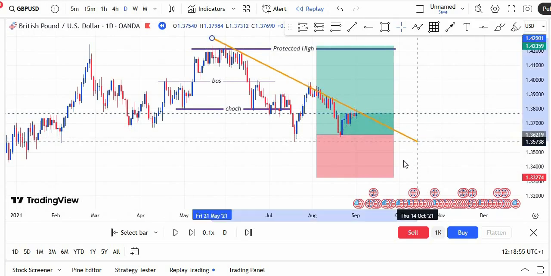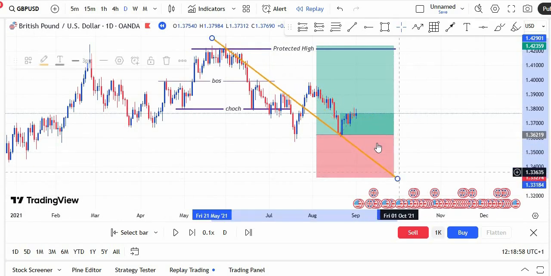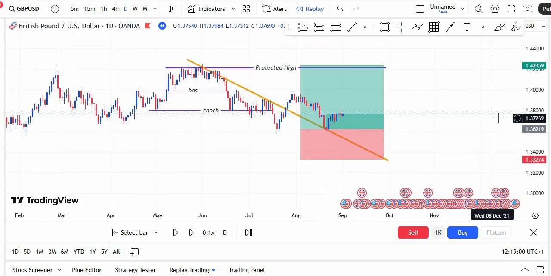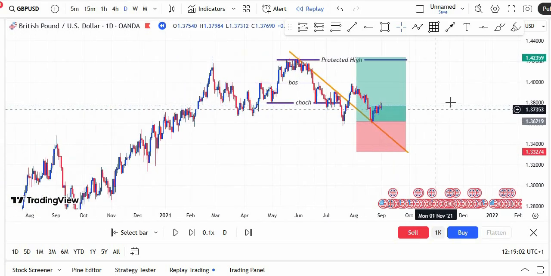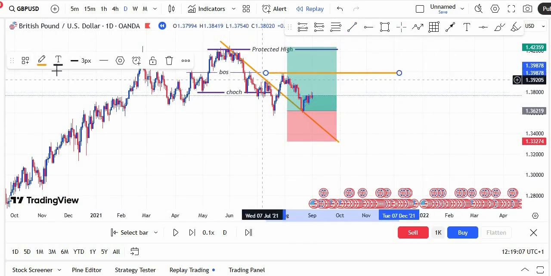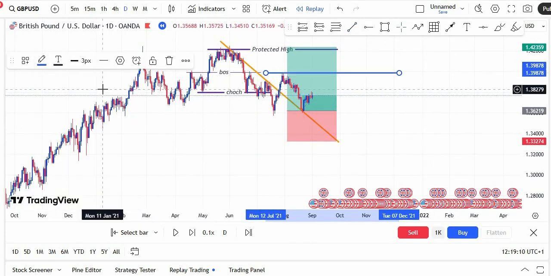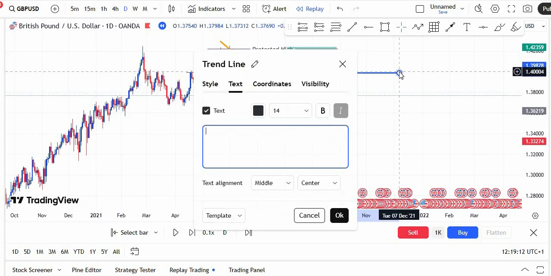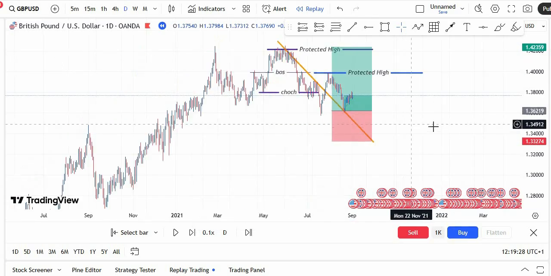So people who want to trade the trend line, because they've gotten the trend line wrong in the first place, want to go for a buy. But we understand market structure. Now the next protected high is going to be right here.